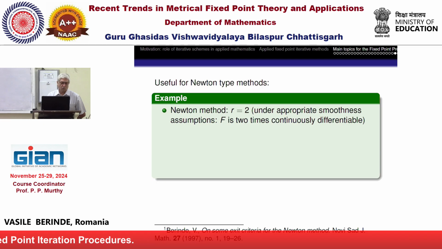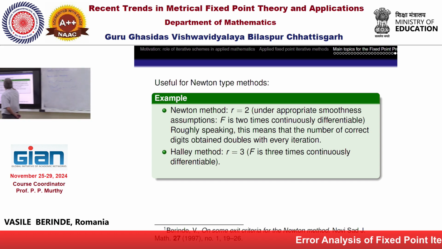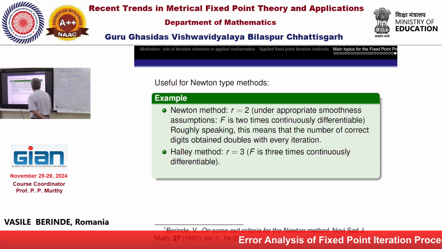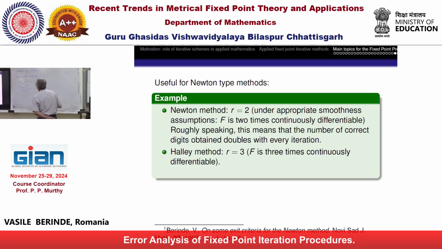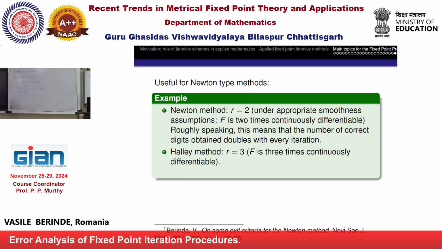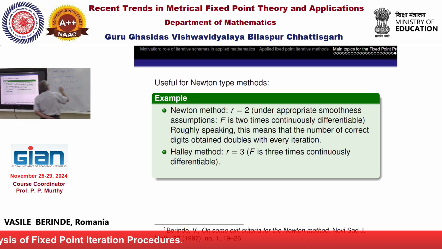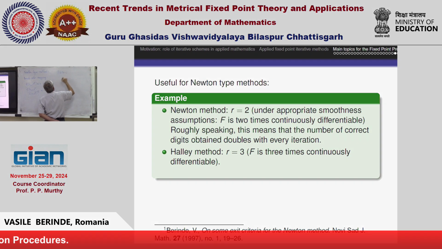And just to show you the case of this method, Newton method is known for having the rate of convergence 2 under appropriate assumptions on f. So it is necessary that f, in this equation, we are solving the equation f(x) equals 0.